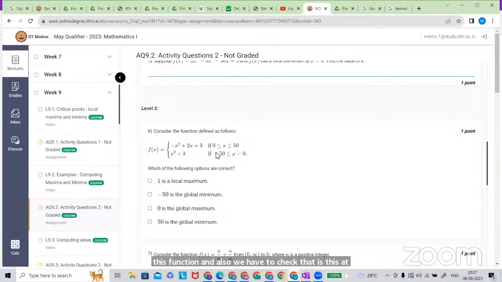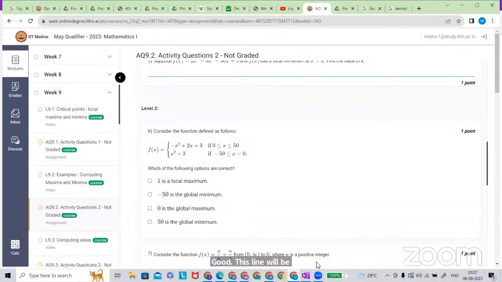So at 0, it will be like this. This line will go up to this one, so the function will be looking like this.